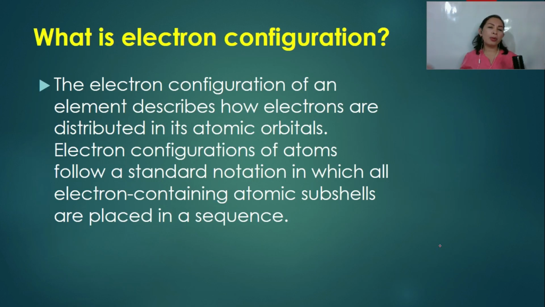Okay, let us now discuss what electron configuration is. The electron configuration of an element describes how electrons are distributed in its atomic orbitals. Electron configurations of atoms follow a standard notation in which all electron-containing atomic subshells are placed in sequence.